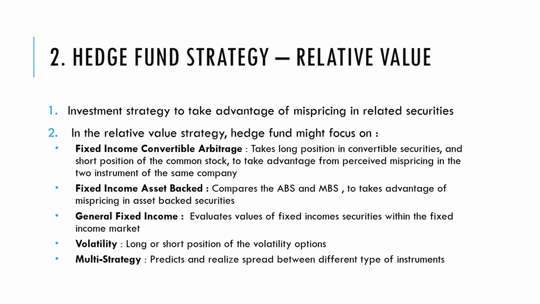The second type of hedge fund strategy is the relative value strategy that evaluates mispricing in related securities. For example, a hedge fund might take a long position in convertible shares and a short position in common stock. Convertible shares are less traded and common stock is more traded, which causes mispricing to occur.